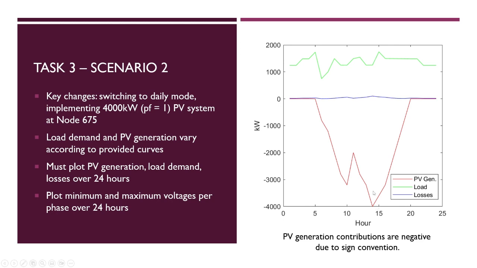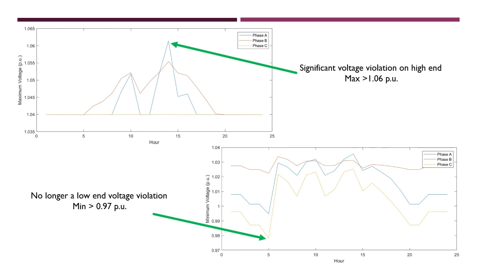But you can see here we reach maximum generation of 4,000 kilowatts at about hour 14, and the corresponding load is not that high. And so what shows next is the voltage violations that occur on the high end, and this is, I believe, on the A phase. Because the system has not very much load and maximum PV generation at hour 14, we see a voltage violation greater than 1.06, which is very high.